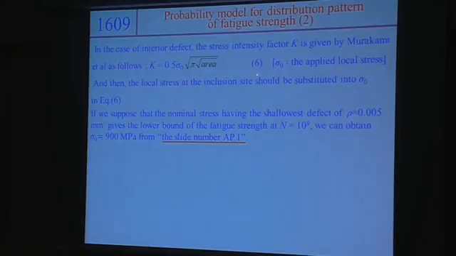This is equation 6. Then, the local stress and the inclusion size should be substituted into sigma 0 in equation 6. If we suppose that the nominal stress having the sharpest defect of rho equals 0.005 millimeter gives the lower bound of the fatigue strength at N equals 10 to the 9th cycles, we can obtain sigma nearly equal to 900 megapascal from slide number appendix 1.